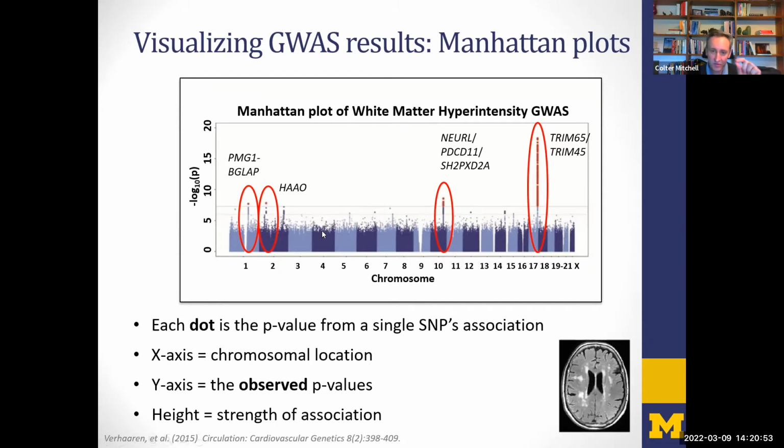Each dot is one of those SNPs that we talked about before. And this is the -log10 for the p-value. So the higher you go, the more zeros there are. So 0.01 or 0.05, like we normally think of, is way down here at the bottom. In order to be genome-wide significant, it has to get over these lines.